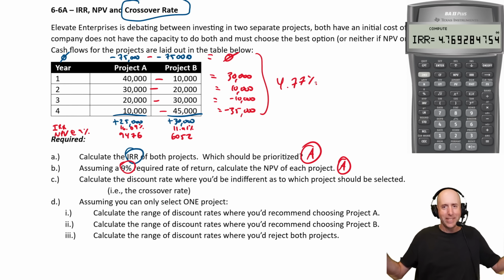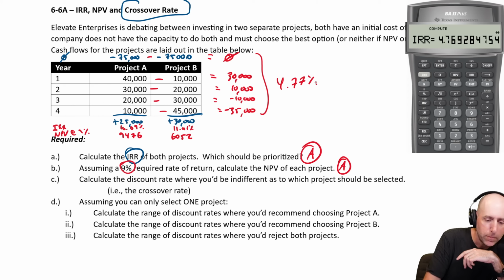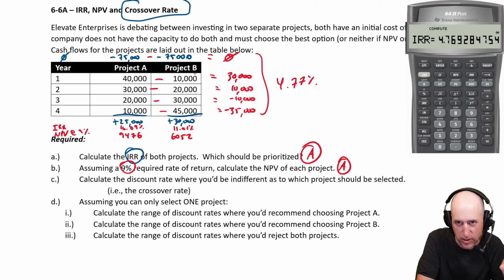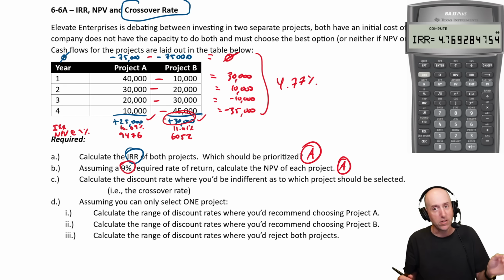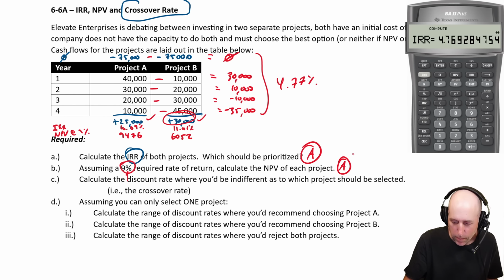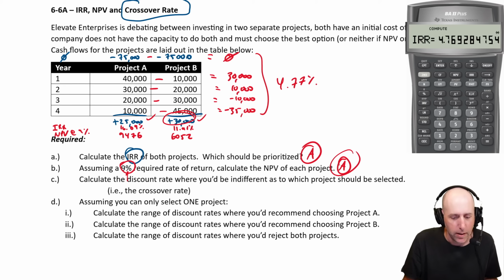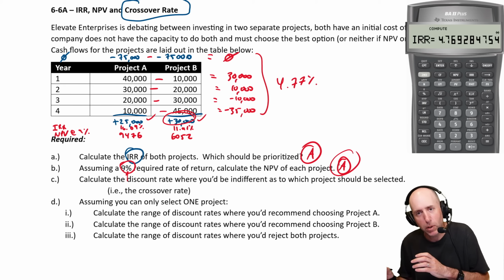Okay, now we can take a bit of a step back. What's happening here? Project B, if there was no such thing as time value of money, if our interest rates were 0, Project B returns us 30 grand, Project A 25 grand. We like Project B at 0. But we saw at 9%, we way preferred Project A. So at what point did we go from preferring Project B to preferring Project A?